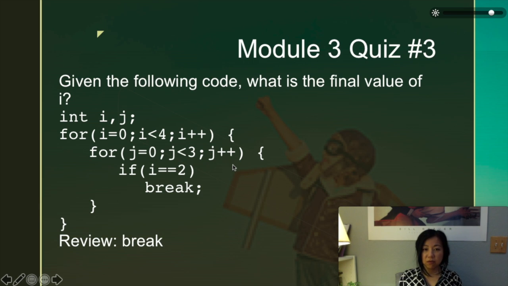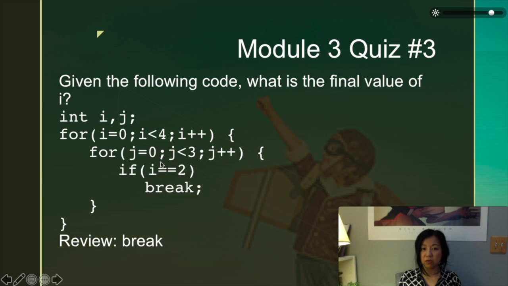This question also seems to have some problem. I believe maybe you don't know what break does. So break just breaks out of the loop it is in, but not the outside loop. So once i hits 2, it just wouldn't continue with the j equals 0.